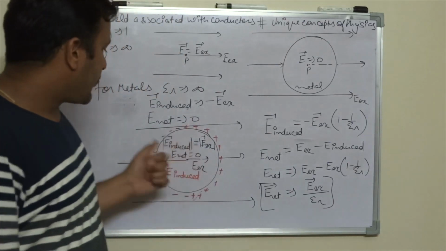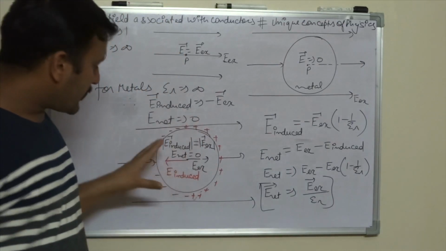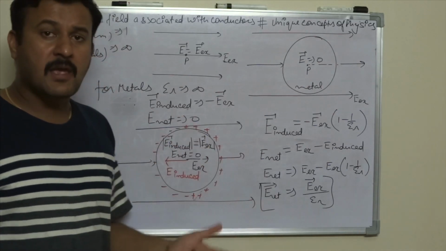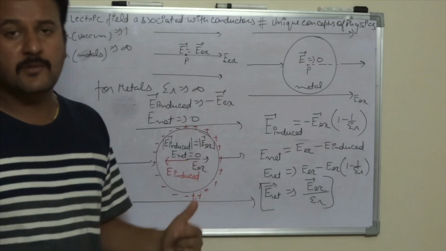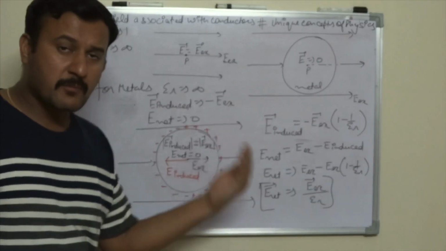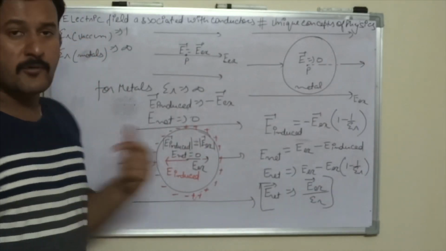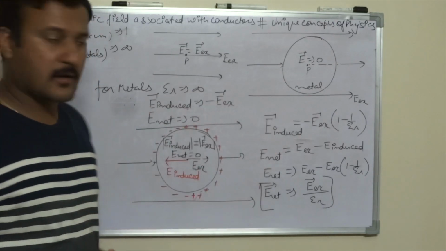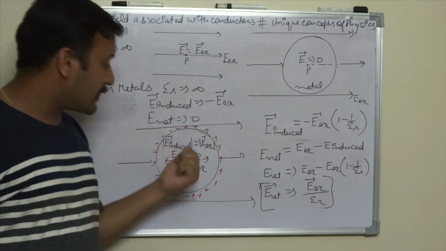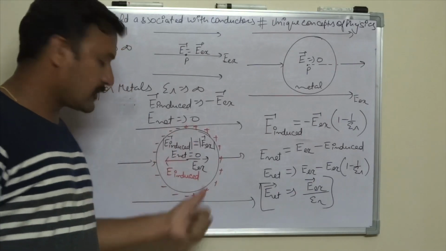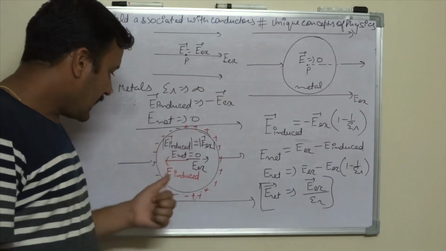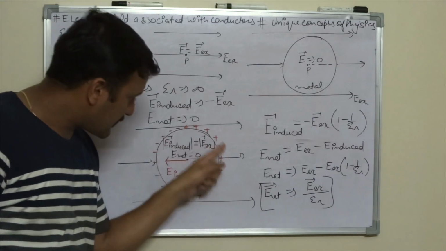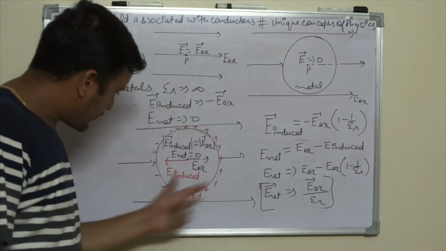If we apply this electric field on this metal, the electrons, which experience a force in the opposite direction of the electric field, will move backwards, and the positive charge will move in the opposite direction to the electrons. Hence, a polarization of charges occurs. You can see, hence there would be an induced electric field in reverse direction, from plus to minus.